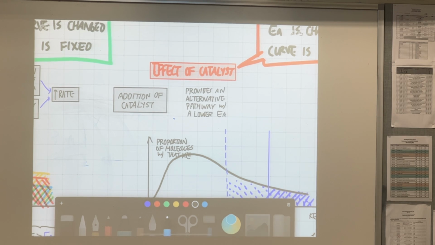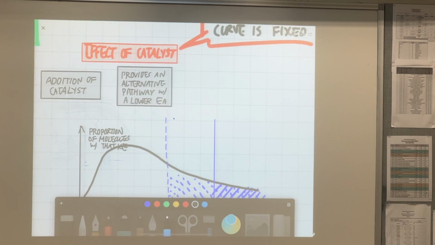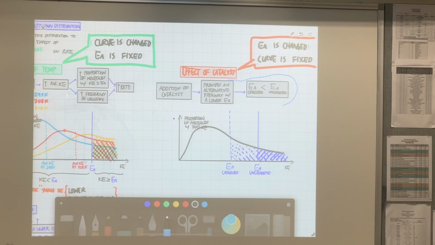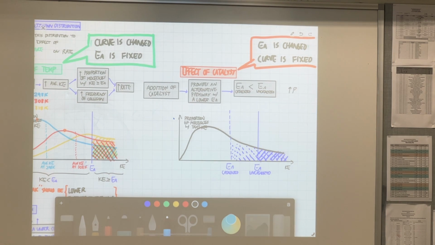You can choose not to write activation energy in full; you can just write EA. Both are uppercase letters, just that the A is a subscript. And what will happen? The new EA will be lower, so the EA catalyzed will be lower than the EA uncatalyzed. What effect does this have on the area? This would increase the size of the area, and therefore result in an increase in rate.